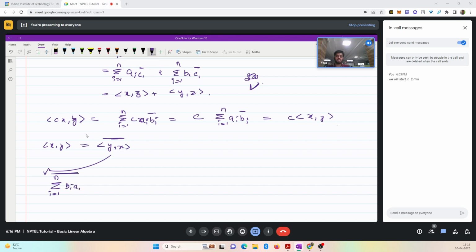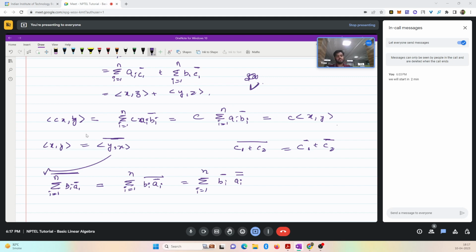Now if you have, let's say, complex numbers c1 and c2, and you take the conjugate of both of them, then this is definitely equal to c1 conjugate plus c2 conjugate. So this becomes the summation i equal to 1 to n of the conjugate of the whole bi ai. Now if you break this, this would become bi conjugate ai conjugate conjugate, right?